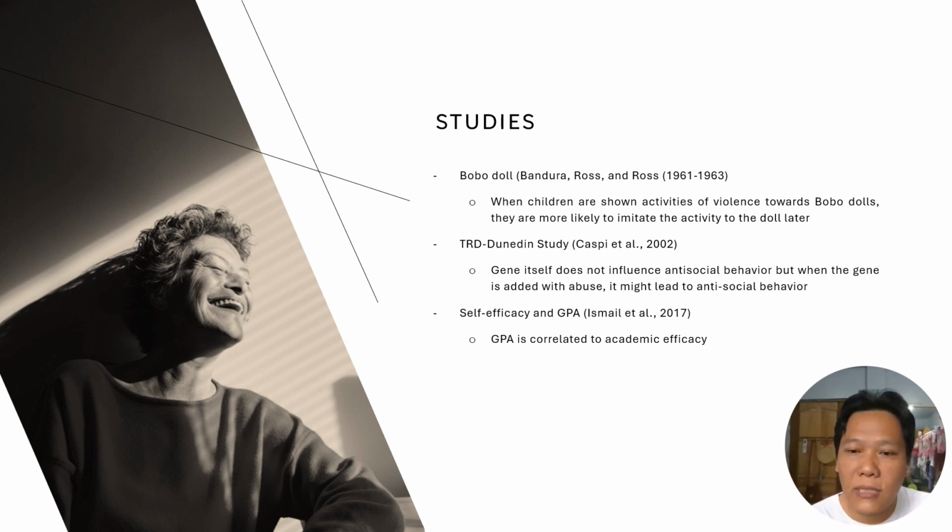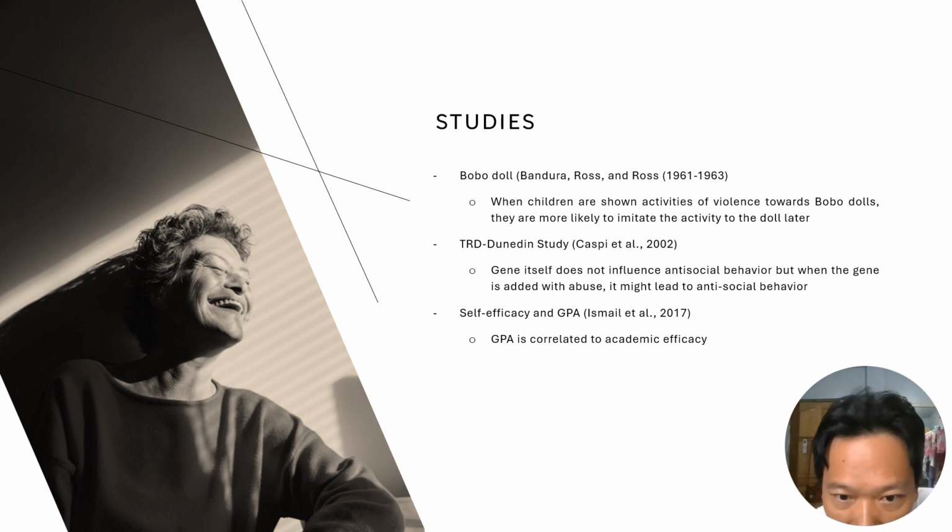It also shows that generally males have twice the aggression compared to females, although there are a lot of controversies and arguments on that aspect because it could be nature or nurture. So that's the Bobo doll that supports the SCT theory.